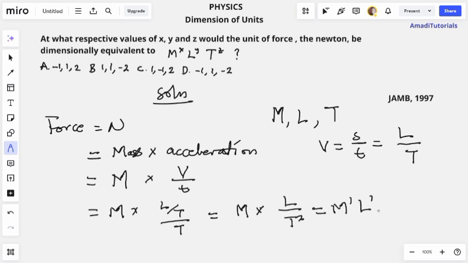If you take T to the numerator, it will be T raised to power minus 2. So the dimensional unit for force is M L T raised to power minus 2. So the values for X, Y, and Z: X equals 1, Y equals 1, and Z equals minus 2. 1, 1, minus 2, option B. Thank you.